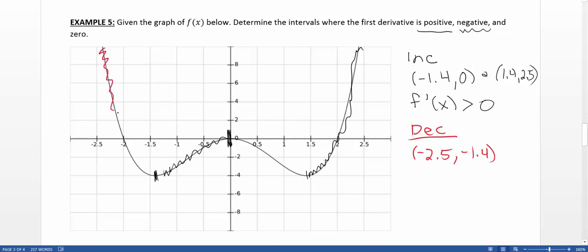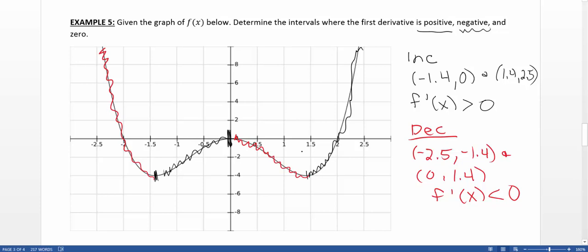So all right here. And again from 0 to 1.4. On those intervals, any tangent line we draw is going to have a negative slope. So the first derivative is going to be negative wherever the original function was decreasing.